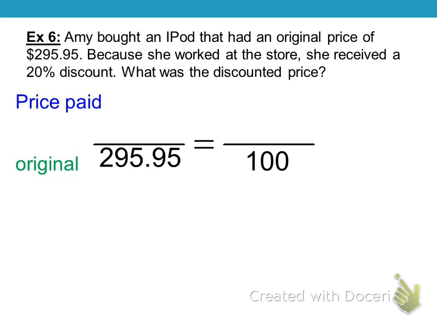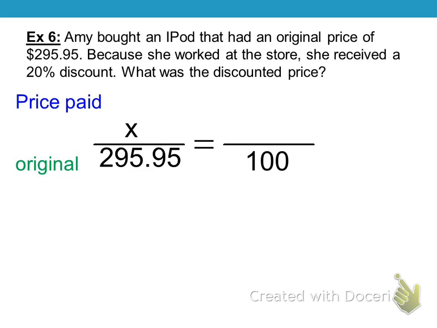To me, that's too many steps. If you're getting 20% off, how much are you paying? 80%. So I'm going to look at it that way instead. If I want the price paid, I'm going to put the percent paid. If I'm looking for the price that was deducted, I'm going to put the discount percent. So look at what they're asking you to find, and that's the percent you want to use.